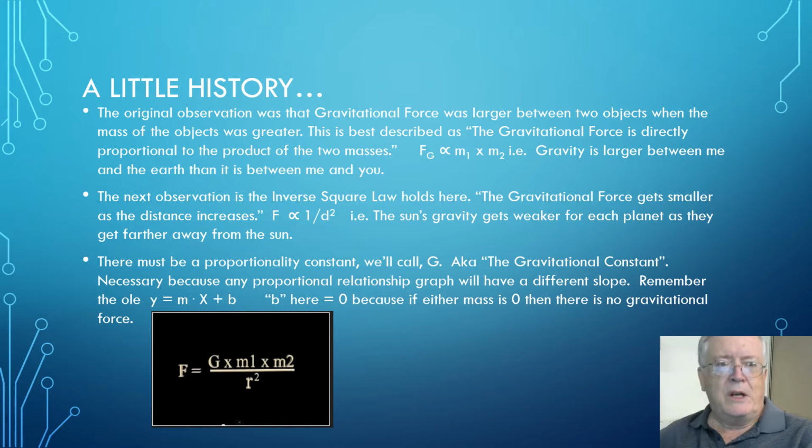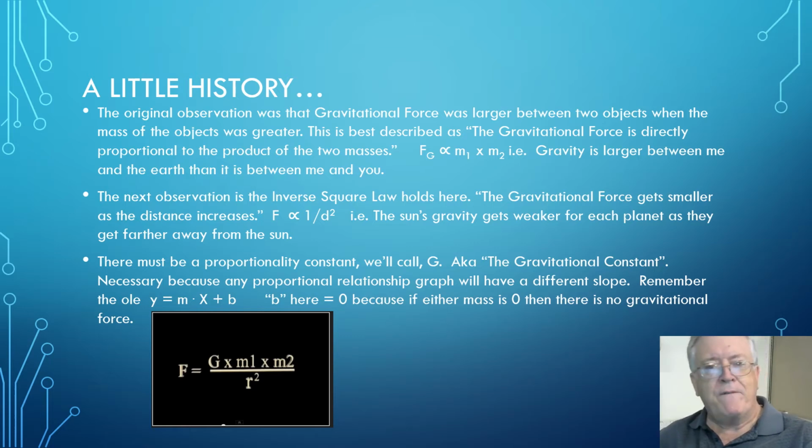So the original observation was that gravitational force was larger between two objects when the masses of the objects were greater. So you think about two objects, the larger the object, the more gravitational force there is. This is best described as this quote: gravitational force is directly proportional to the product of the two masses.